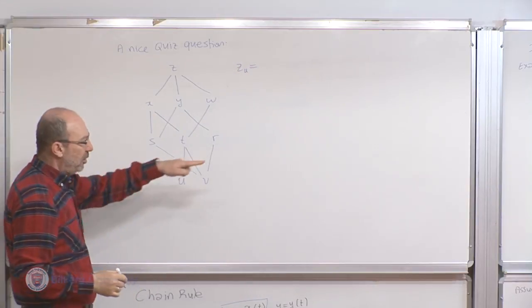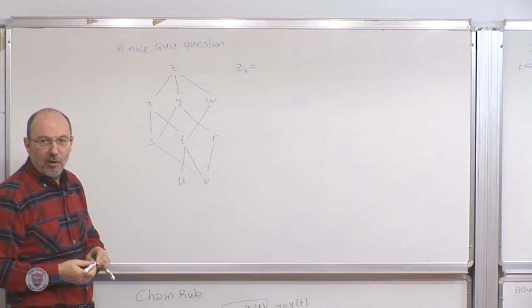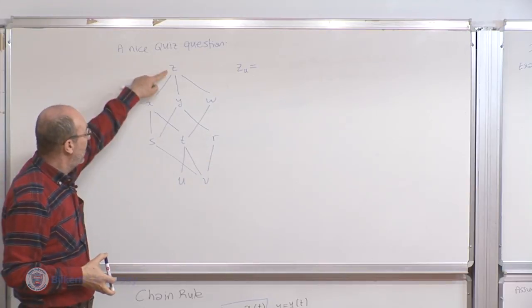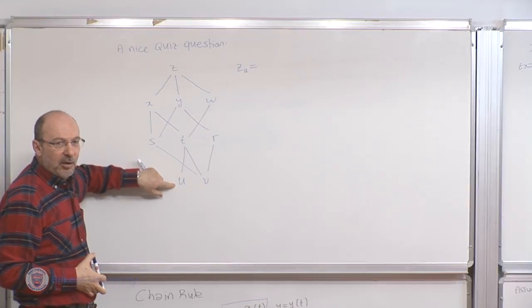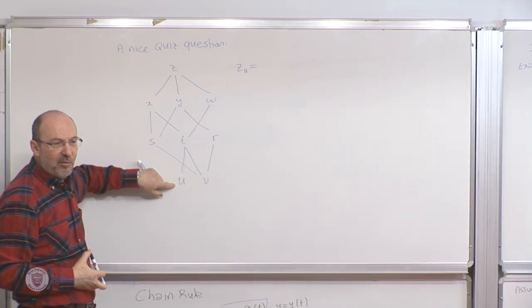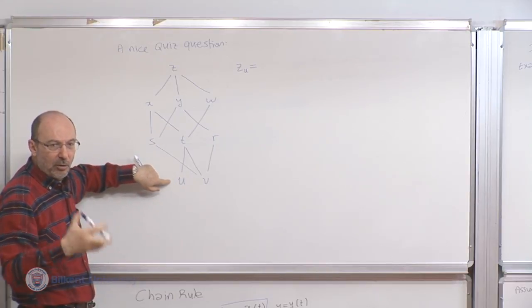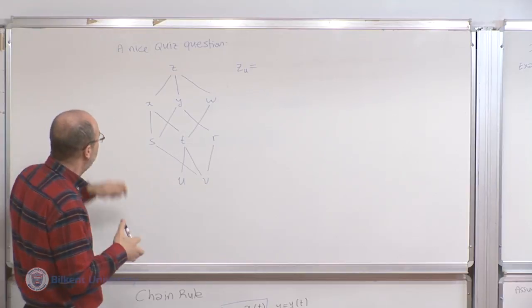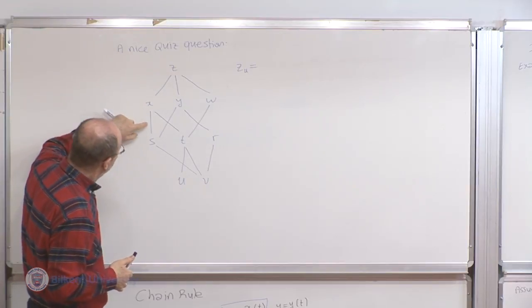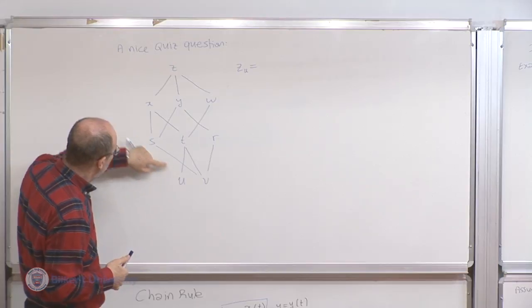So the same rule applies. We follow all paths from z to u, and along each path we multiply whatever we see on the arrows. Arrows are going downward, and then we add all such possible paths. Let's see. Once we go to s, we will not go to there.